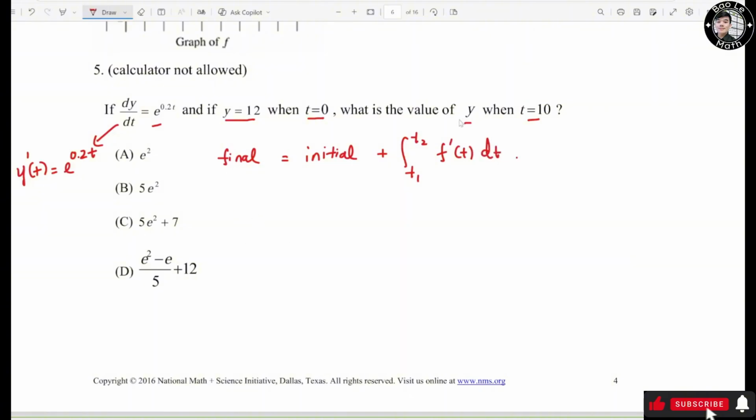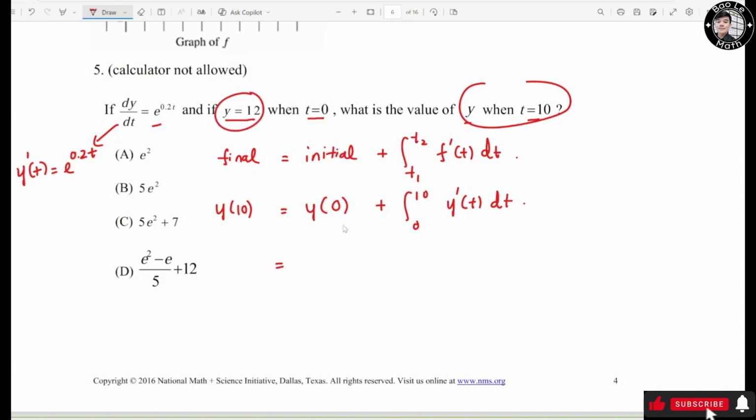So the final amount, which means y of 10, equals y of 0 plus the integral from 0 to 10 of y prime of t dt. We substitute y of 0 equals 12, plus the integral from 0 to 10 of e to the 0.2 t dt.